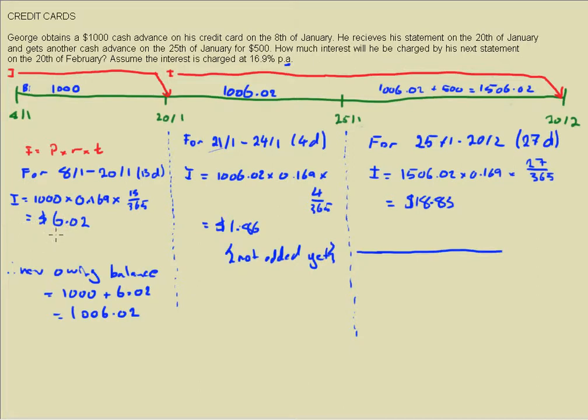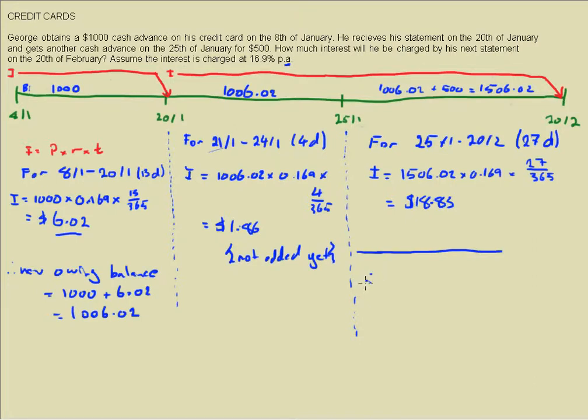Well, we've got three regions where we've calculated interest, but remember that this amount had been included in his statement date, so we're not interested in that.